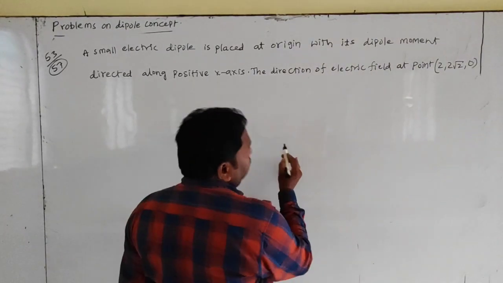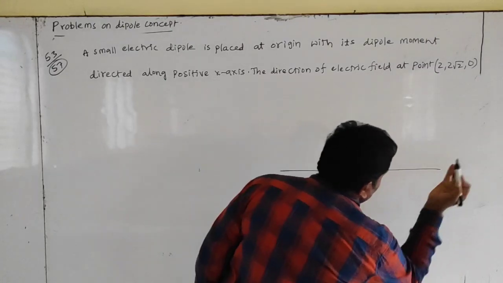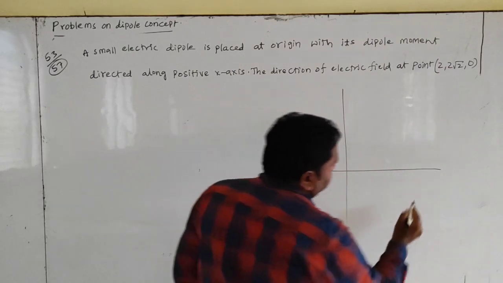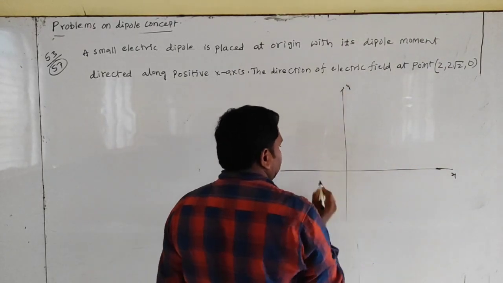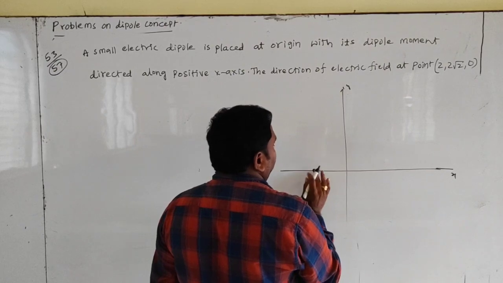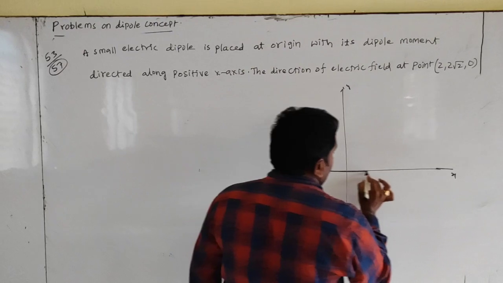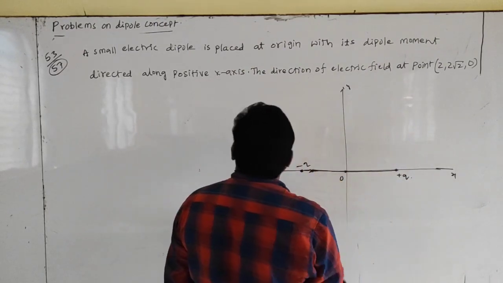See, this is the x-axis, this is the y-axis. There is a dipole with minus q and plus q, at the origin.